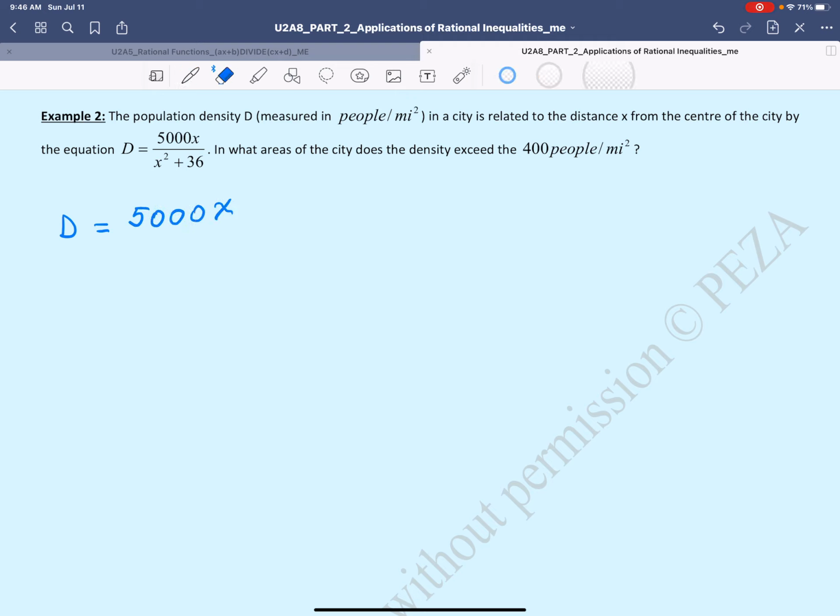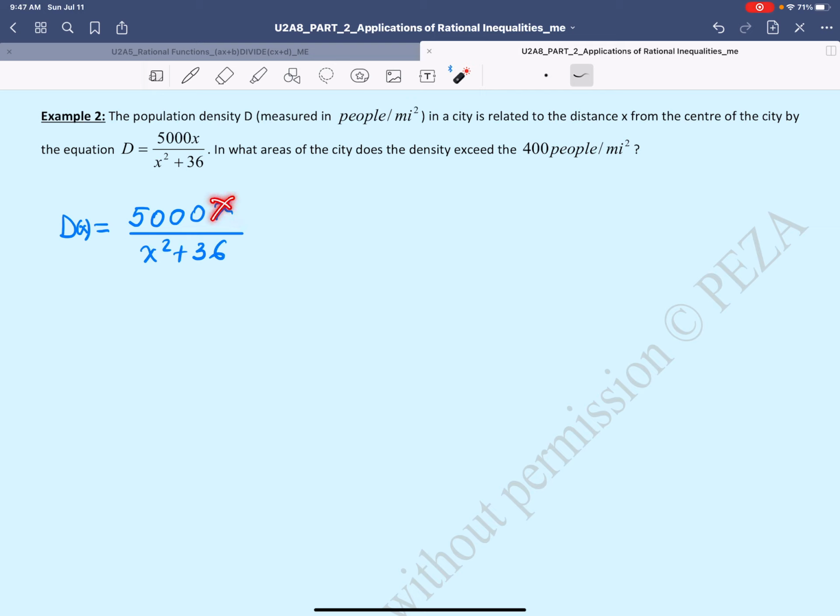And when we write things down, the bond is stronger. So x squared plus 36. So I see that the independent variable is x and the dependent variable is d. And I'm going to make things perfect here. I'll say d of x.